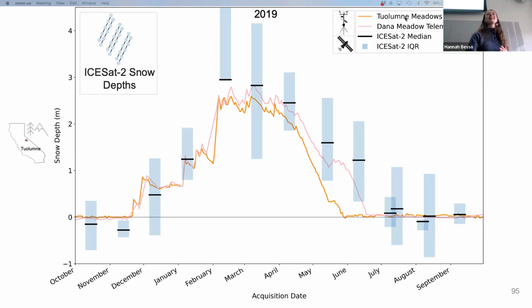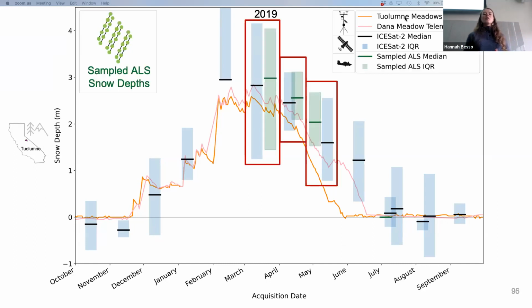All right, this is about to get a little busier, so I'll explain in detail and try to go slow. As I mentioned, there is snow on aerial LiDAR data from the Tuolumne site. And this LiDAR was flown at multiple times throughout each season of our study period.